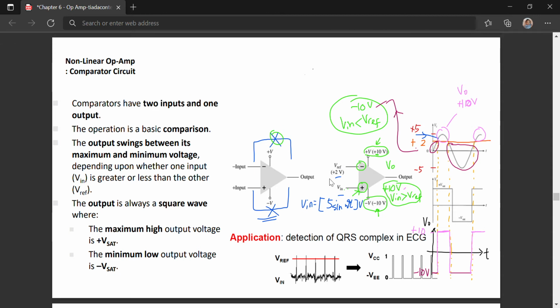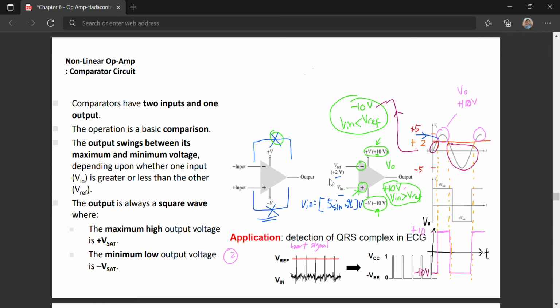So here, another example, number 2. When you have a signal, this is ECG or heart signal. The heart signal is going to compare with Vref.